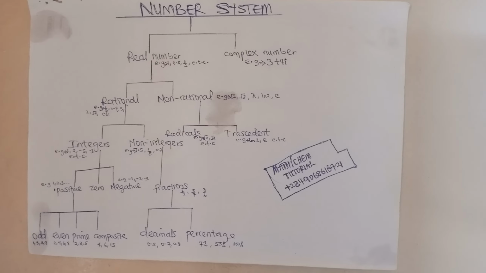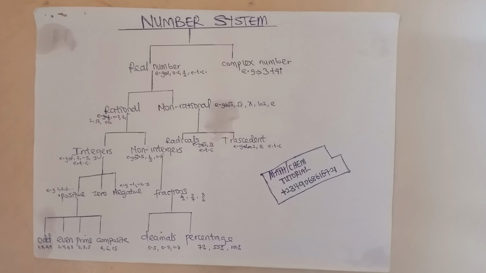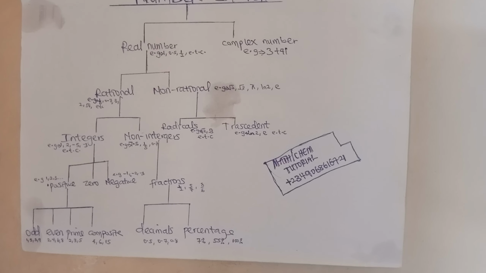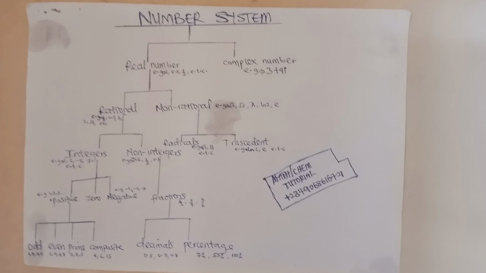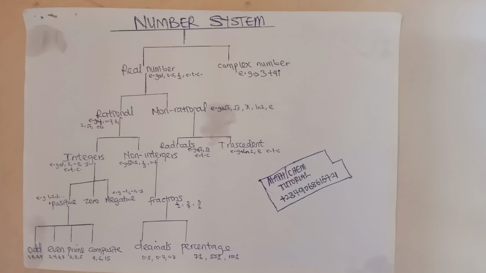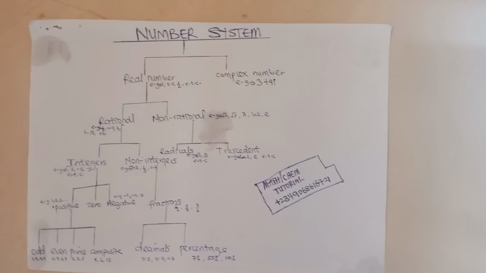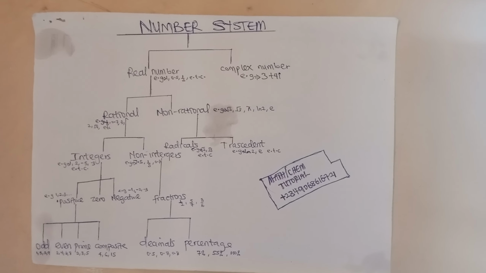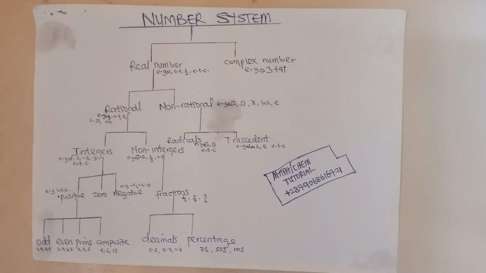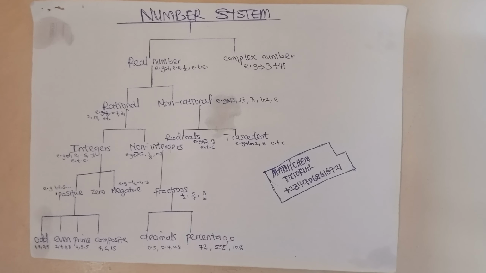Now, let's go to real number now. Numbers under real number are what? Rational number and non-rational number. Now, let's look at the example of real number. According to the little example I cited here, they are 1, 0.5, 1 over 2, etc. Not only that, any number that comes to your mind, any number you can think of, they are all real number.